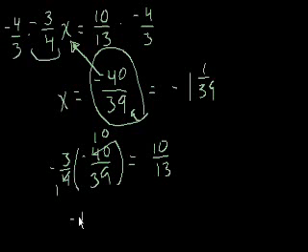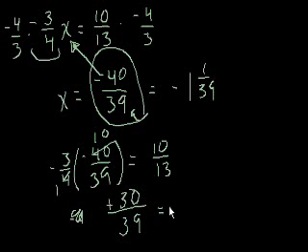So it actually becomes plus 30, because we have a minus times a minus, and 3 times 10, over, the 4 is now 1, so all we are left with is 39. And 30 over 39, if we divide the top and the bottom by 3, we get 10 over 13, which is the same thing as what the equation said we would get, so we know that we got the right answer. Let's do one more problem.